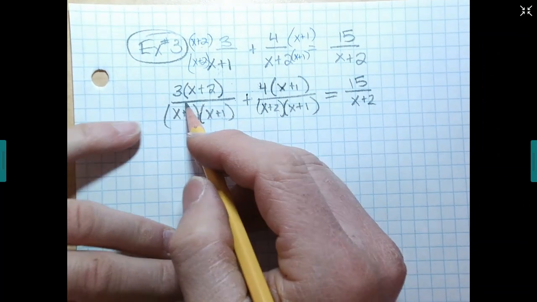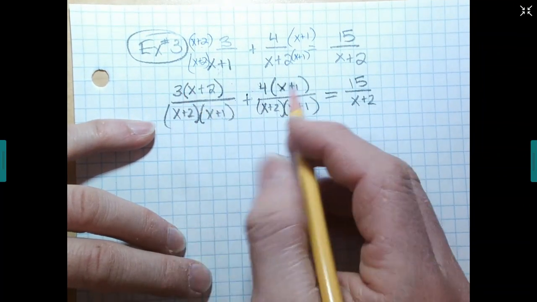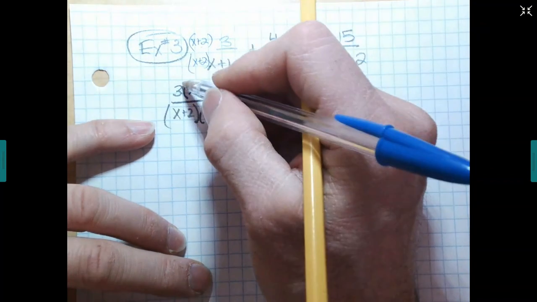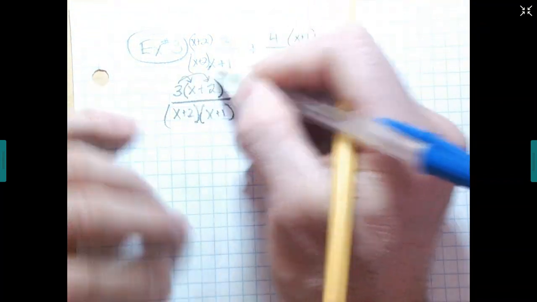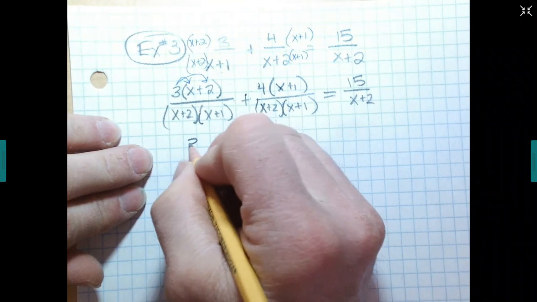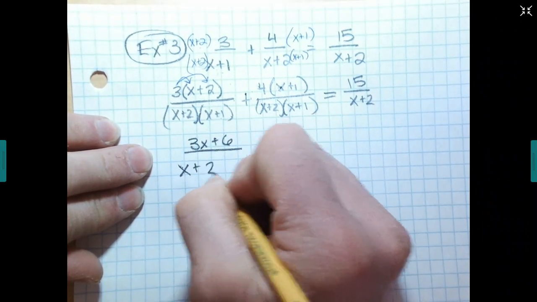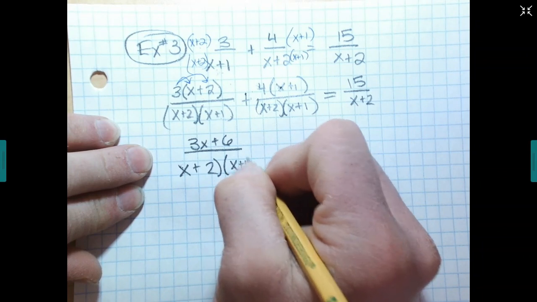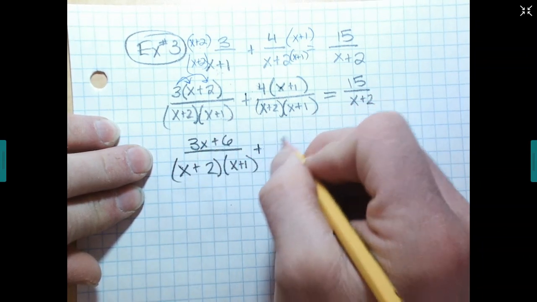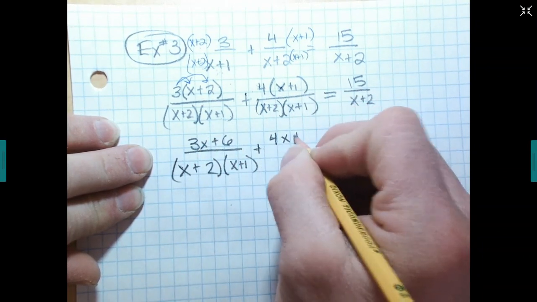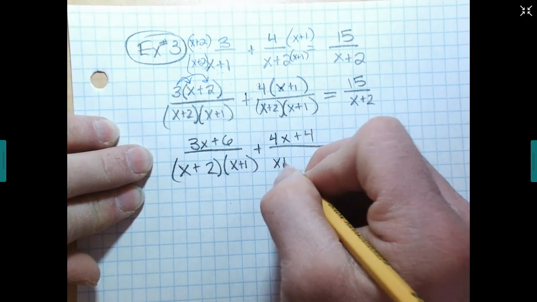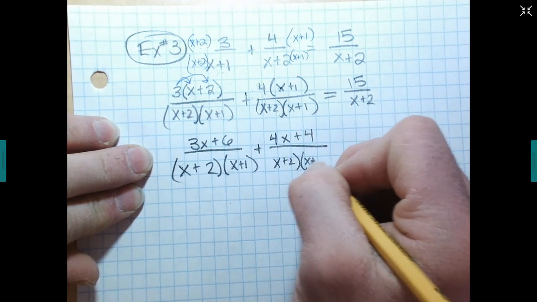So let's go ahead and distribute. I'm going to distribute the 3, so I get 3x plus 6 over x plus 2 times x plus 1 plus 4x plus 4 over x plus 2 times x plus 1.